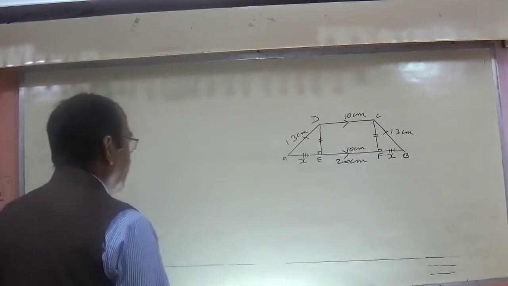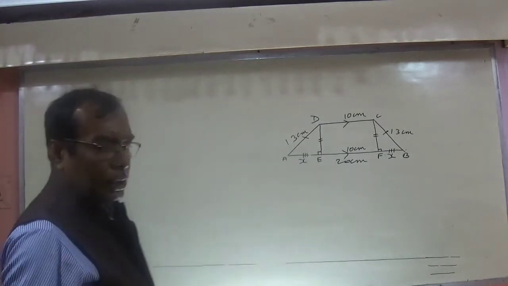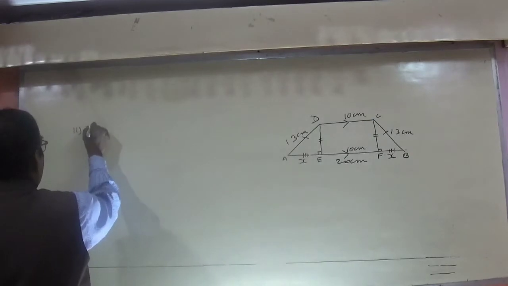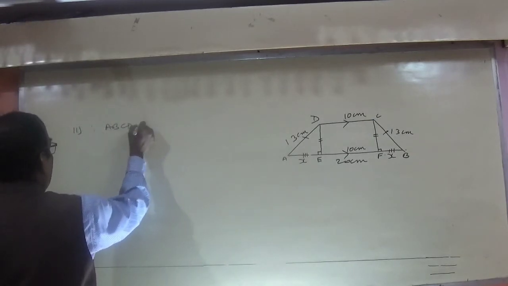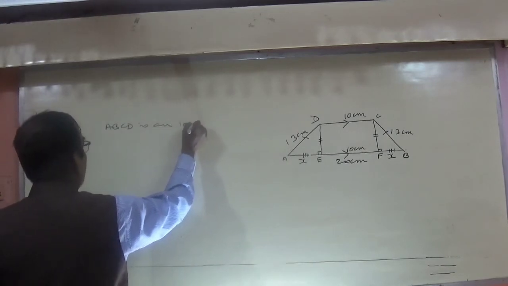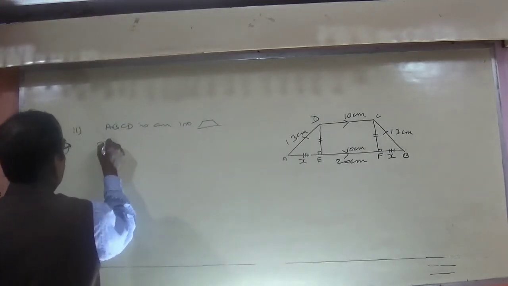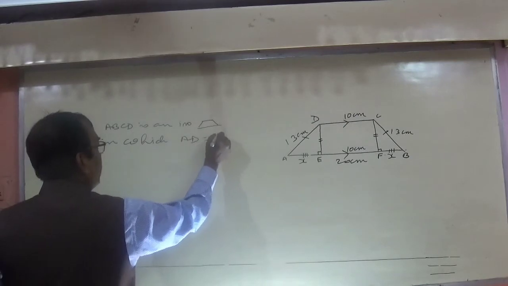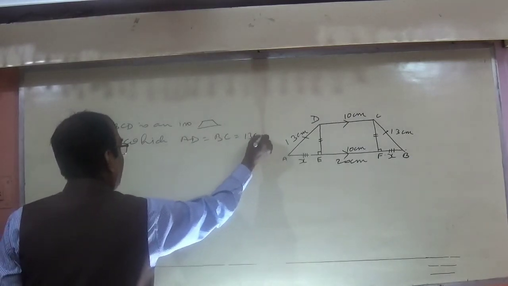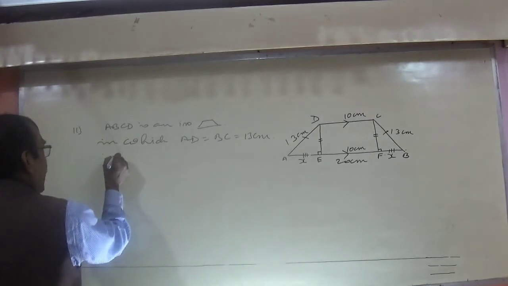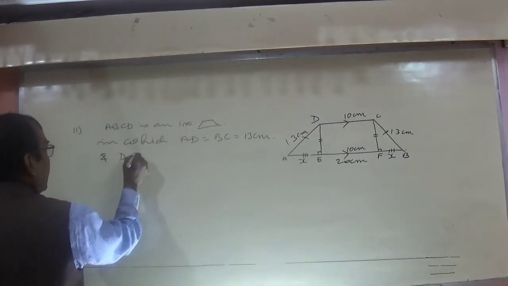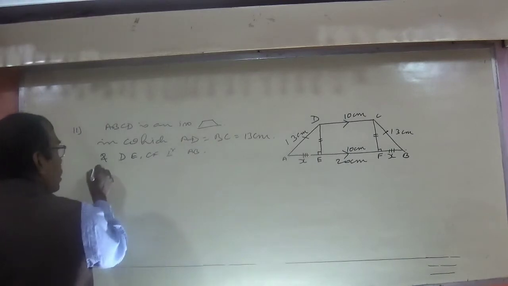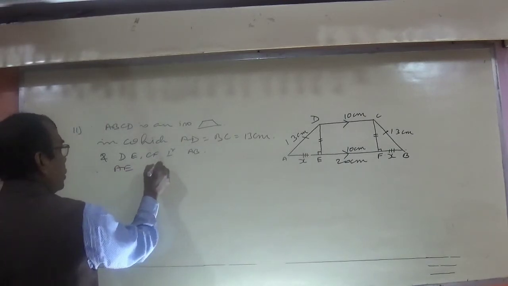So what you will have to write, for question number 11: Since ABCD is an isosceles trapezium in which AD equals BC equals 13 centimeters each, and DE, CF perpendicular to AB, therefore AE will be equal to BF.